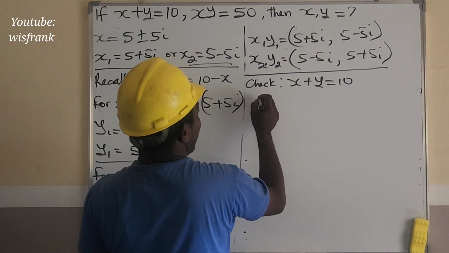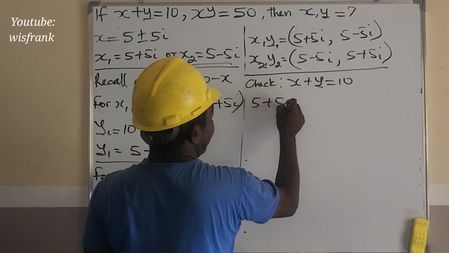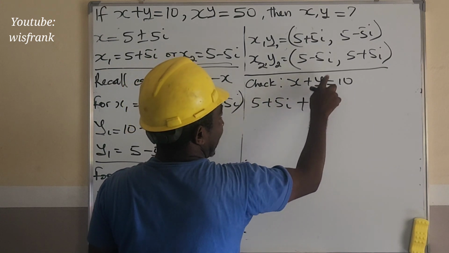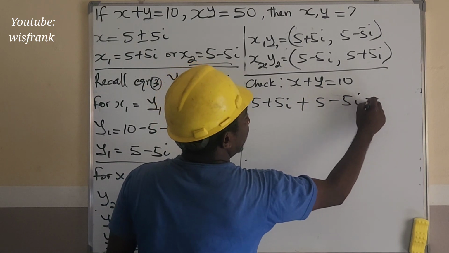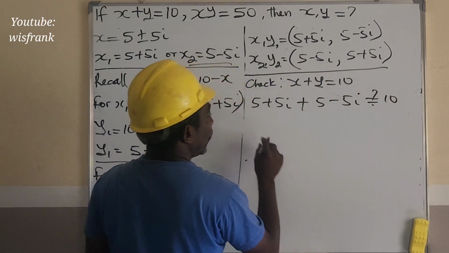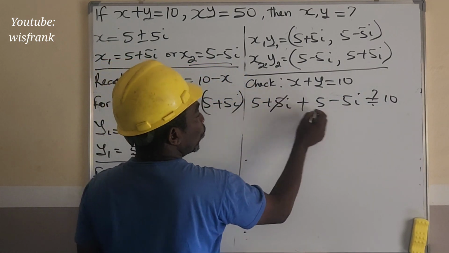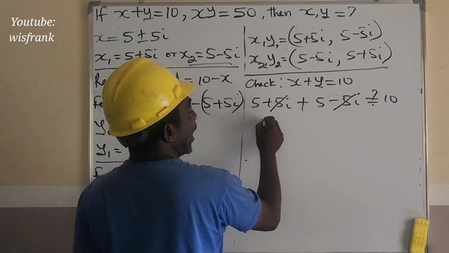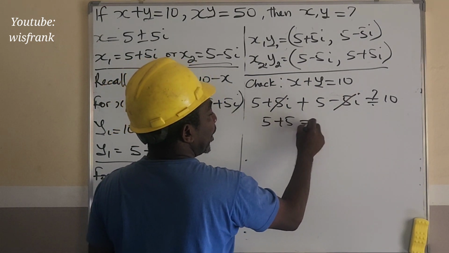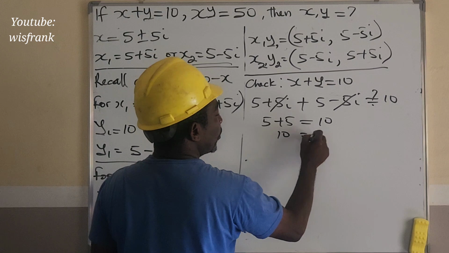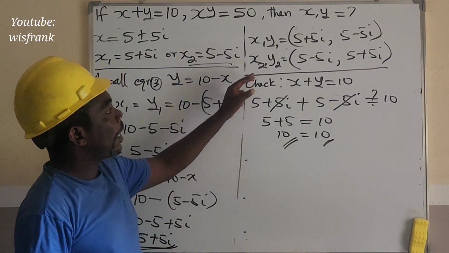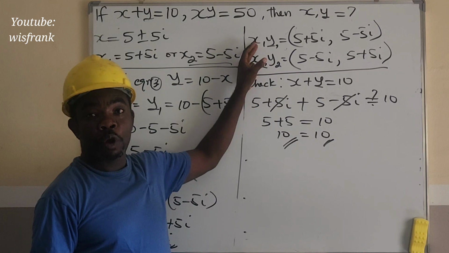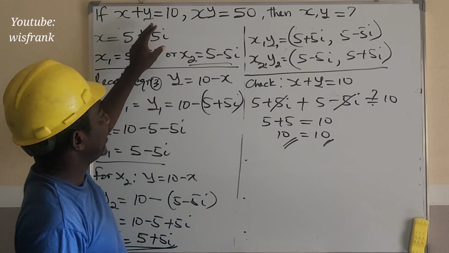For x1, we have 5 plus 5i, plus y, which is 5 minus 5i. Will this equal 10? We can see that the imaginary parts cancel, and we are left with 5 plus 5 equals 10. So 10 equals 10. Therefore, the first solution, x1, y1, satisfies this expression.